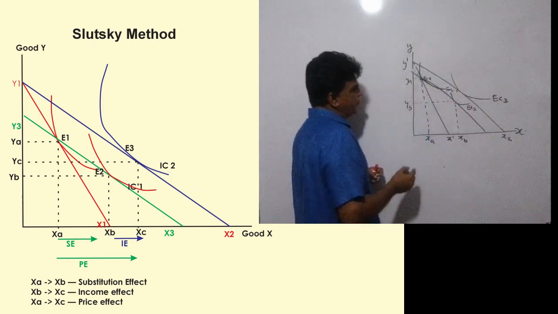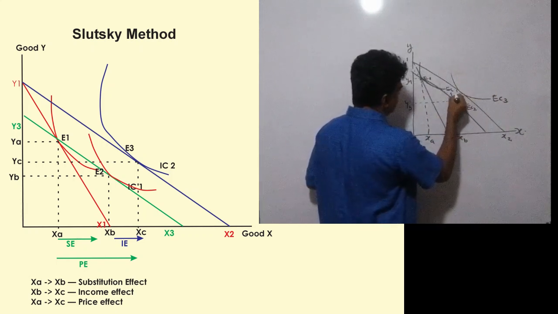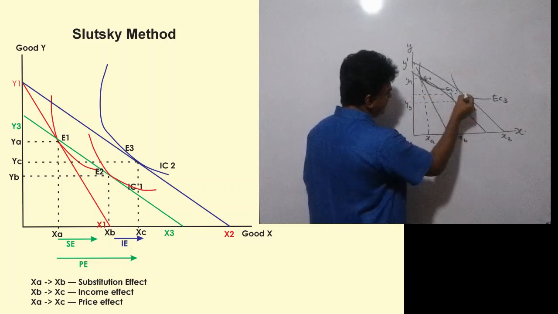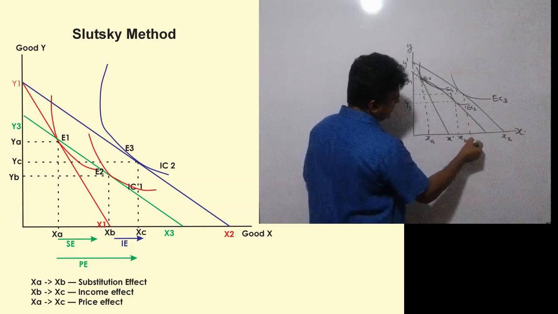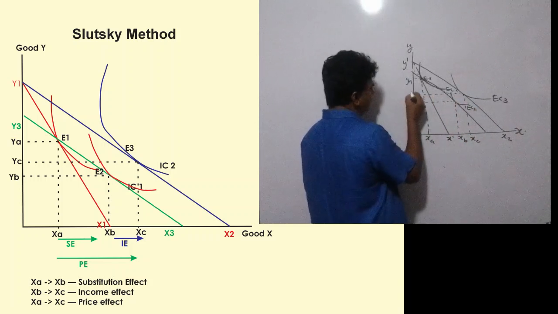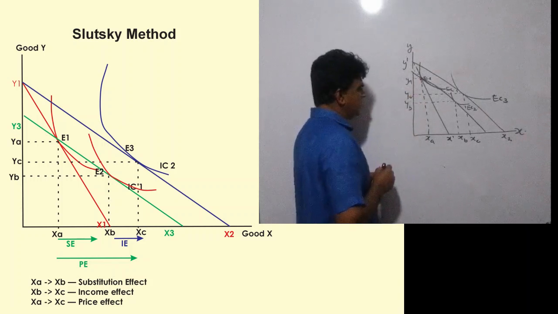There is another indifference curve, that is EC3. This is XC, this is YC.